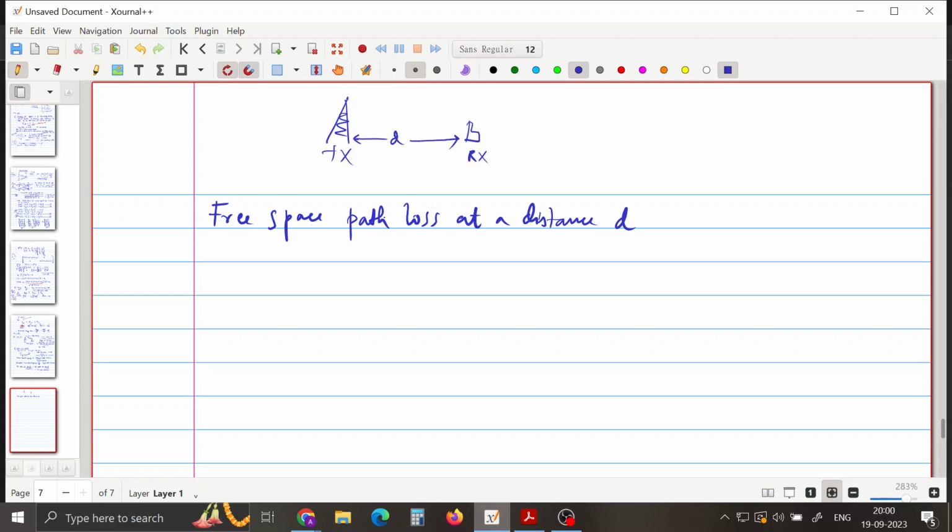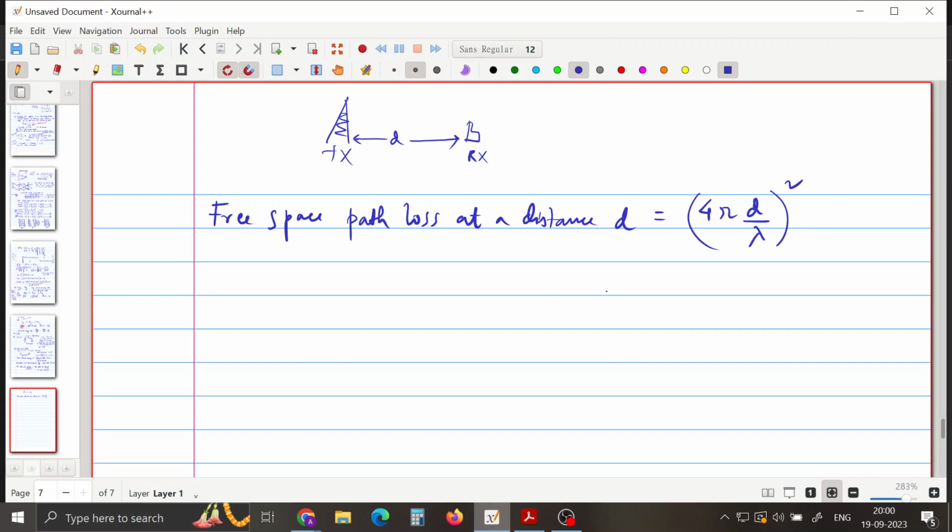So the free space path loss at a distance d is, remember, go back to your previous lectures, given by 4 pi d by lambda whole square.